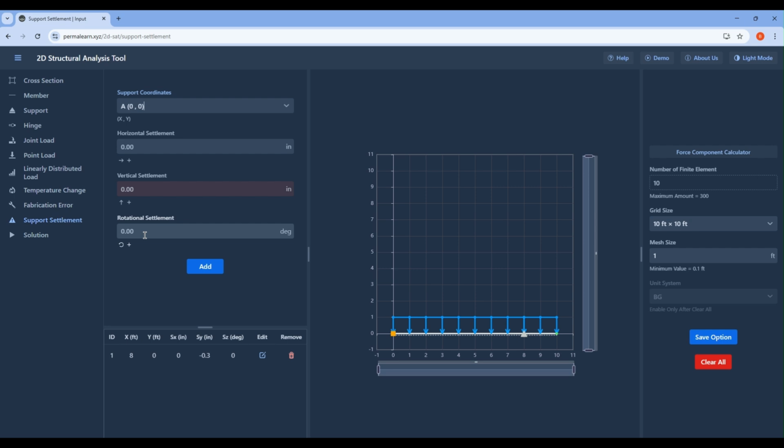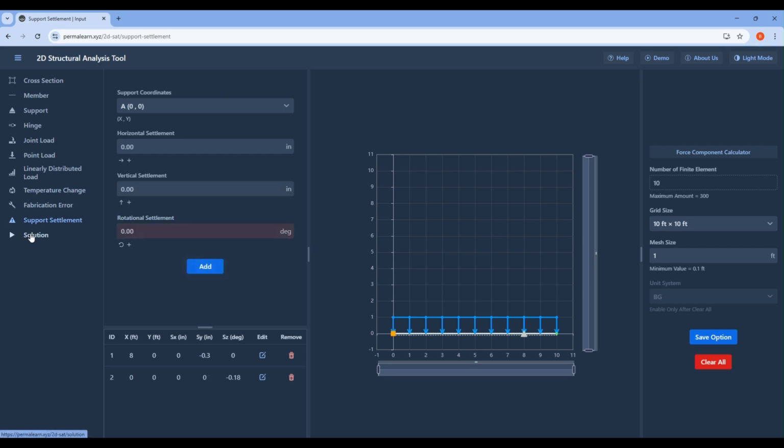If it is counterclockwise, put the positive number, and if it is clockwise, put the negative number. Since it rotates clockwise, it is negative 0.003 radian. We need to convert it to degrees, which is 0.003 multiplied by 180 and divided by pi, which is 0.171.